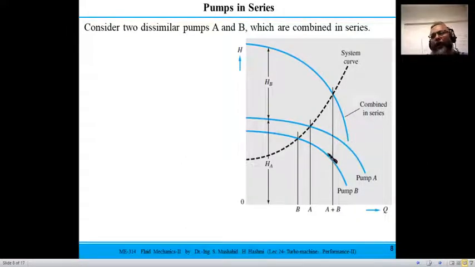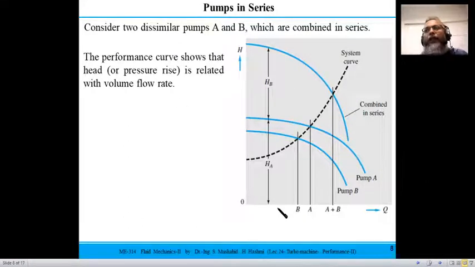When we combine these performance curves, this would be the combined performance curve when you combine them in series, and then obviously you have to match it with your system curve so that you can get your required points. For this combined flow rate, this would be the head you needed, and your pump is quite capable of supplying that head. This is your system requirement, and this is the head that the pump can provide. So that would be one of the operating points.